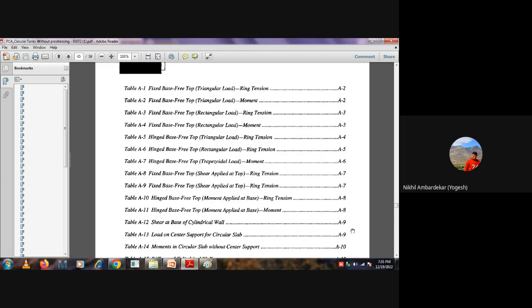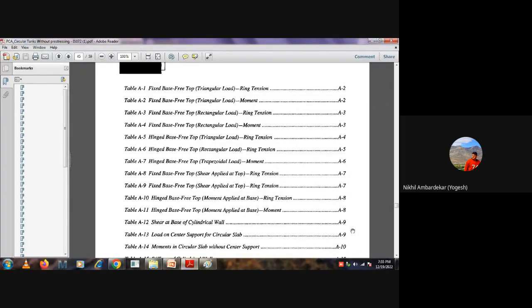Sir, for the fixed base and hinge base, the difference would be the detailing portion only? Yes, only the detailing portion. Because the water pressure is the same for fixed base and hinge base.